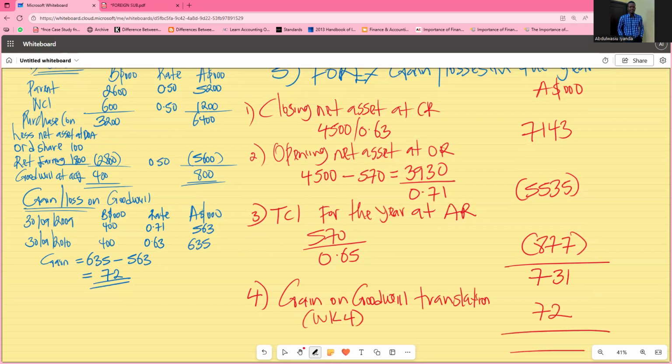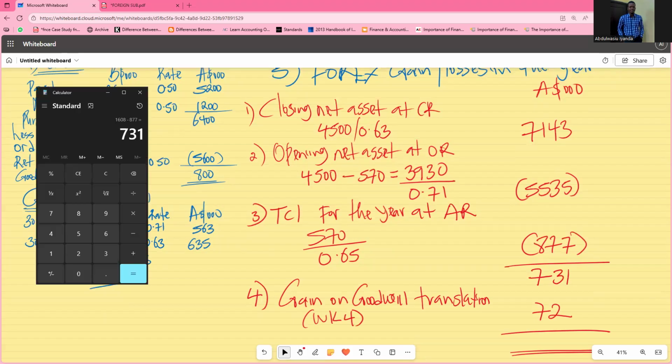And you add everything together. That's all about the income statement. Plus 72, then that is 803.